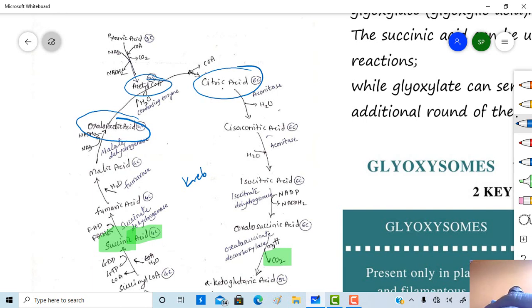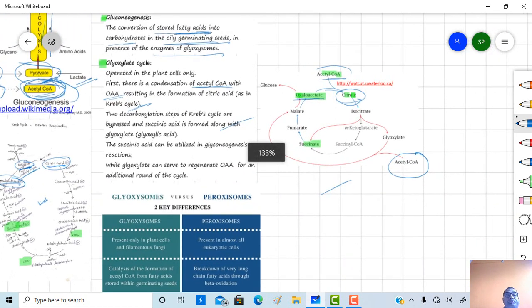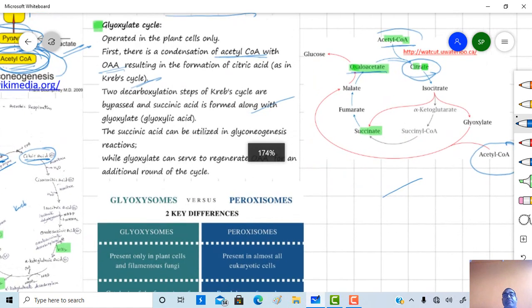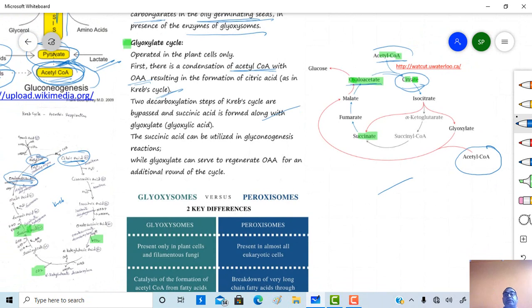When the pyruvic acid produces the acetyl coenzyme A, under the condensing enzyme, this oxaloacetic acid condenses with the acetyl coenzyme A and forms the citric acid. So first there is a condensation of acetyl coenzyme A with oxaloacetic acid, resulting in the formation of citric acid, as in this Krebs cycle.